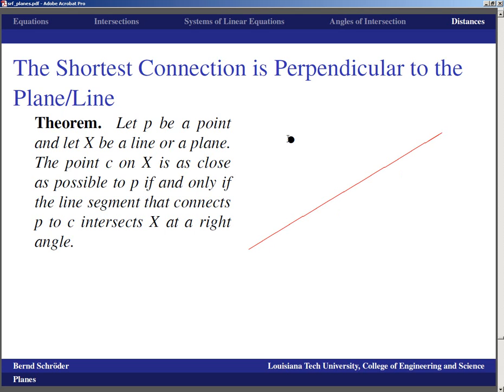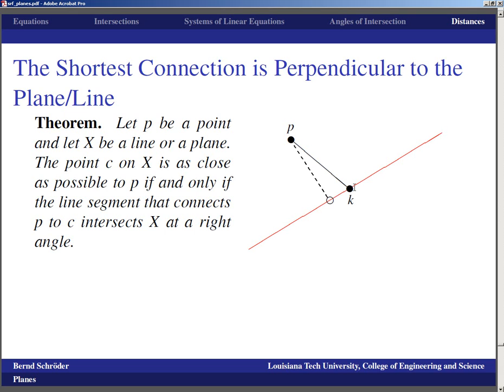Here is a point, and now let's take a look at an arbitrary point on the line or the plane. If that point is such that the connection between P and the point in the line or plane does not intersect the line or plane at a right angle, then we could also project the point down at a right angle. And if we do that, then we get a right triangle here.